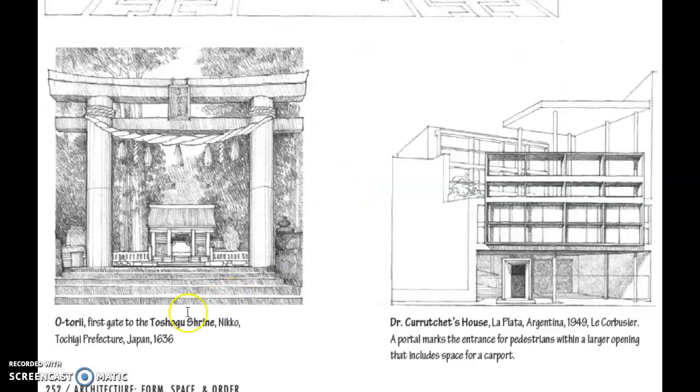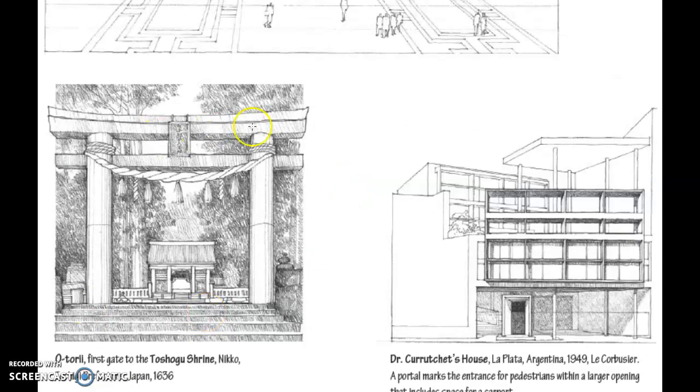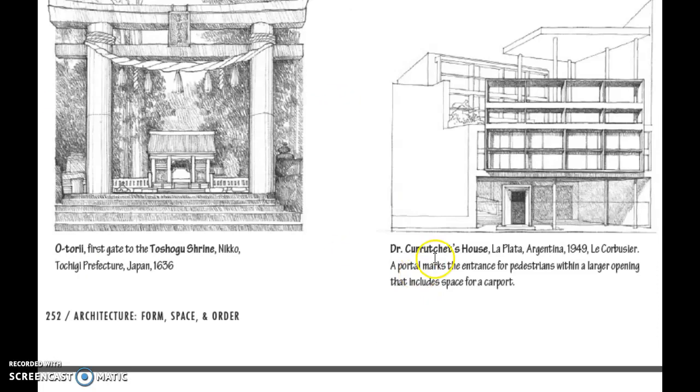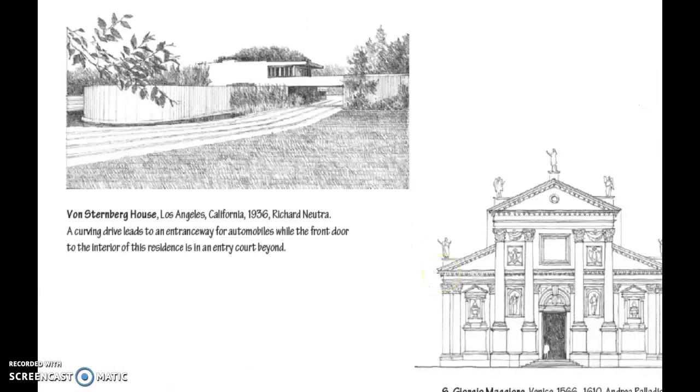Now this is one of the entrances in Japan, where you will see a set of columns supporting a beam, which further articulates the entrance. This is again a narrow entrance as compared to the extent of the building mass. If you see the extent of the building mass, you will find it much narrower.